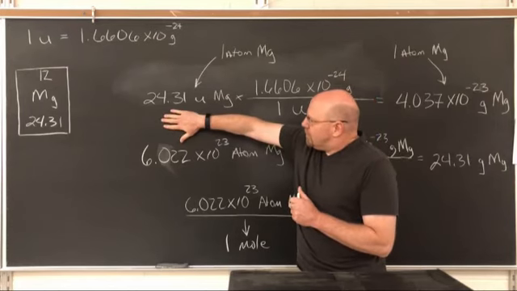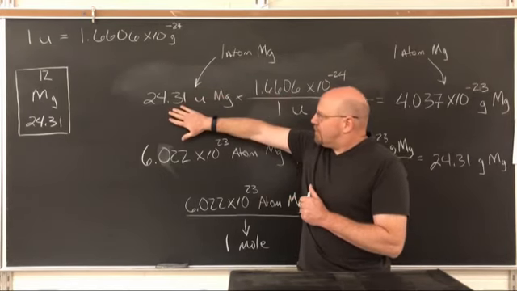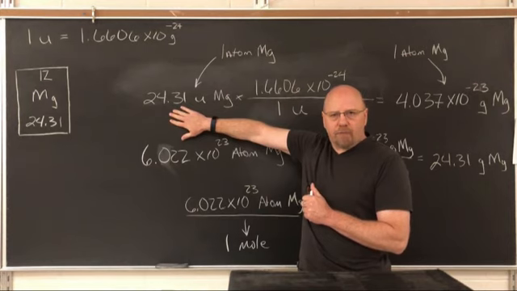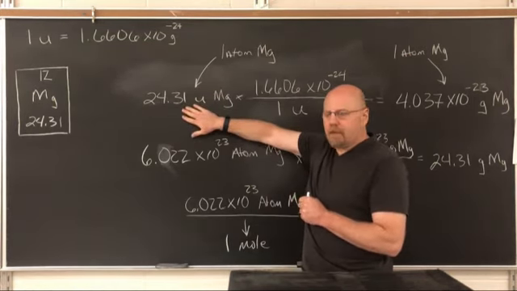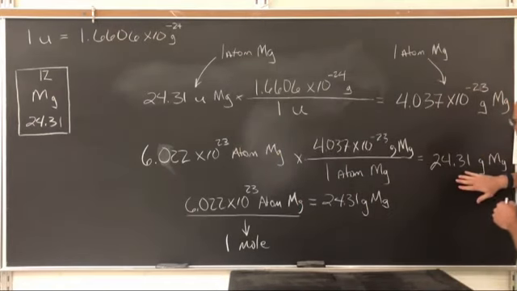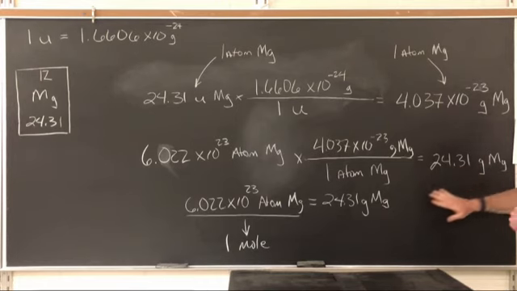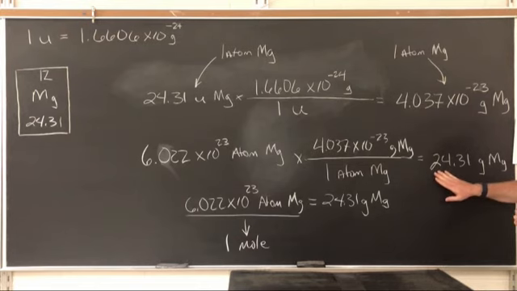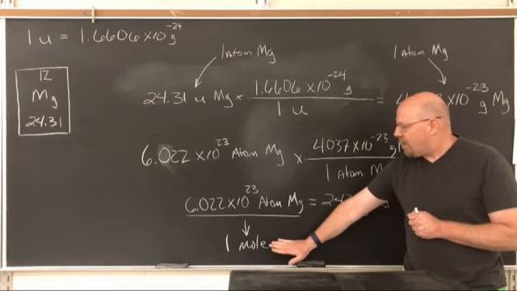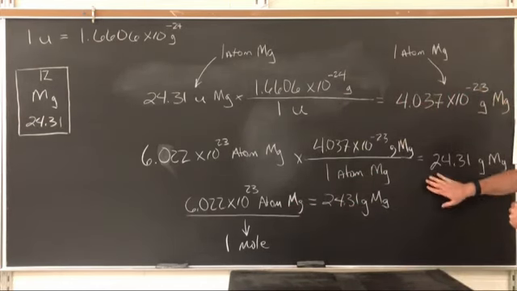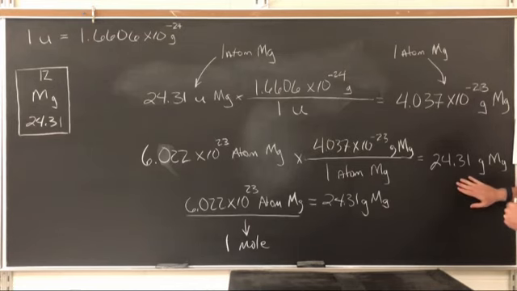So this value for one atom of magnesium weighing 24.31 atomic mass units, that's for a single atom, we now have a number equivalent to 24.31, but representing a large sample of magnesium atoms, and it's 24.31 grams of magnesium. That is that many atoms of magnesium, but we would say it as 1 mole is 24.31 grams.